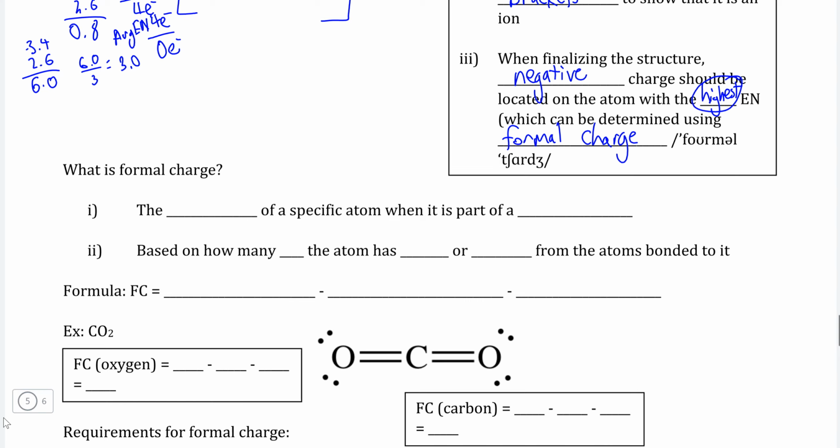Now, formal charge is a little bit of a misnomer because formal charge doesn't officially exist. Not really, anyway. Formal charge represents the charge, in quotes, of a specific atom when this is actually part of a compound.